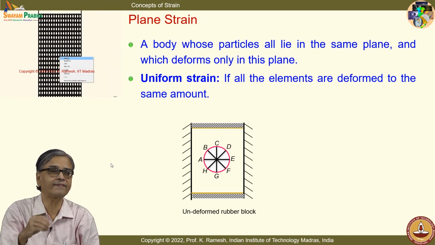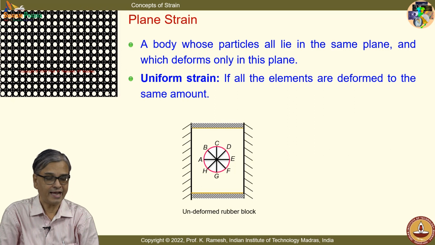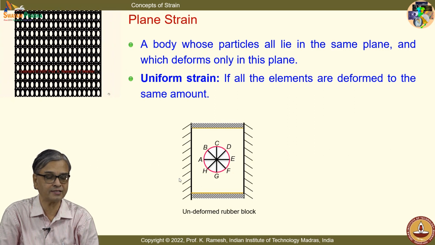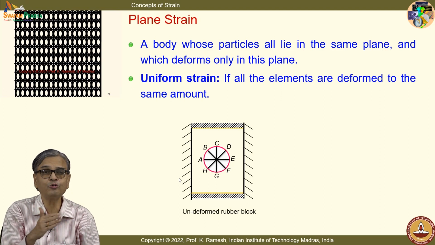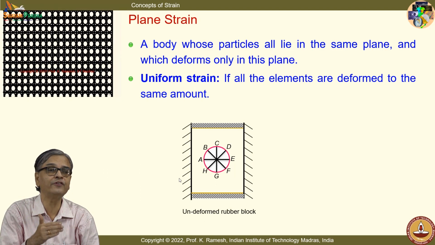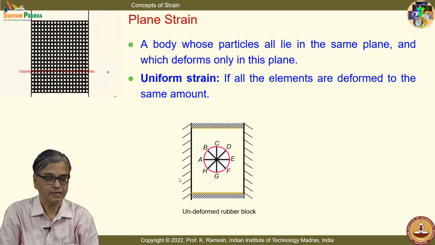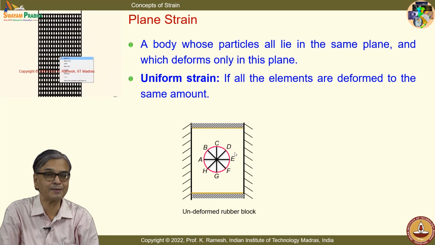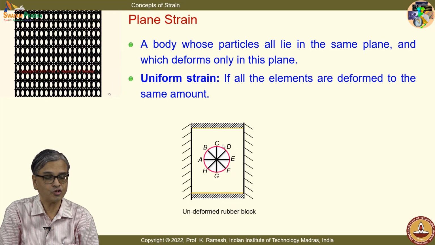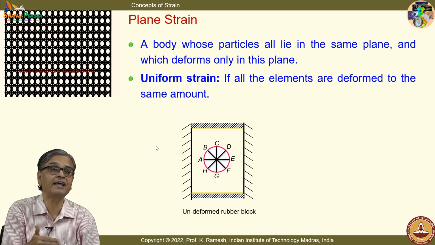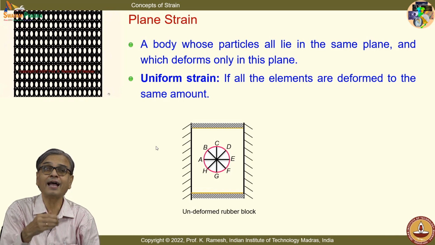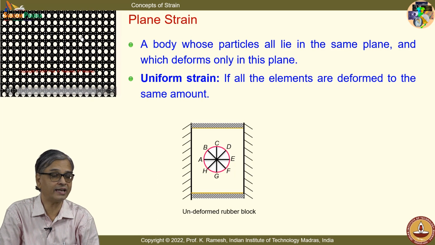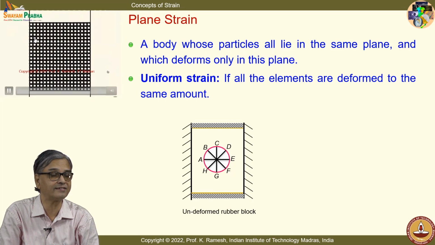Now I have drawn a circle, and the circle also has several lines drawn for us to visualize what would happen to this when you apply a uniform deformation. And mind you, here I have constrained the sides and I am going to apply a compressive load. So I have to take special care for me to have a uniaxial strain. Here I have not paid any special attention, so this is a biaxial strain.